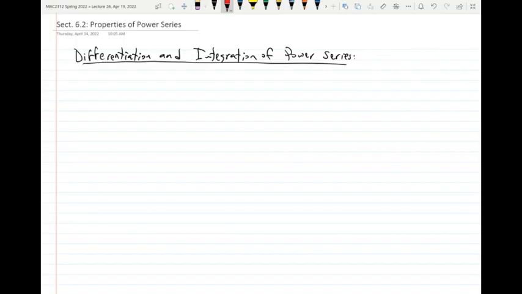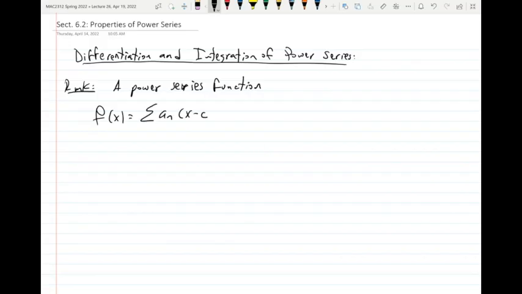Okay, so let me just tell you the remark. A power series function, remember, we can consider them as functions now, where the domain is the interval of convergence. You can write it as f of x equals the sum of a_n times (x minus c) to the n.